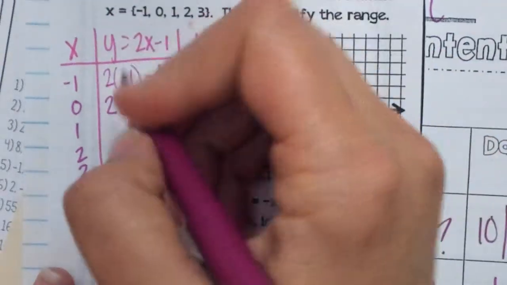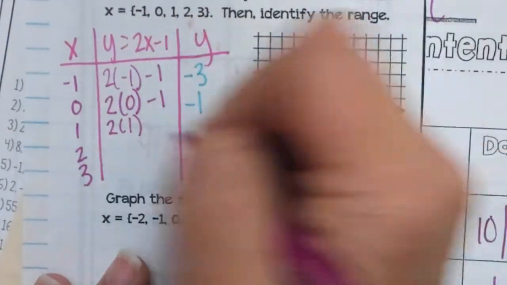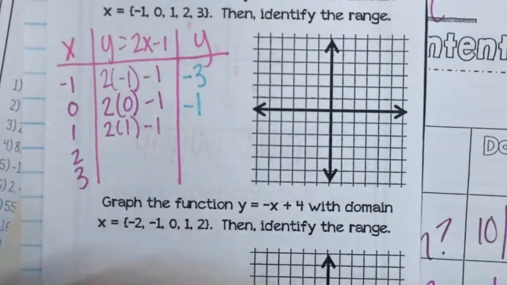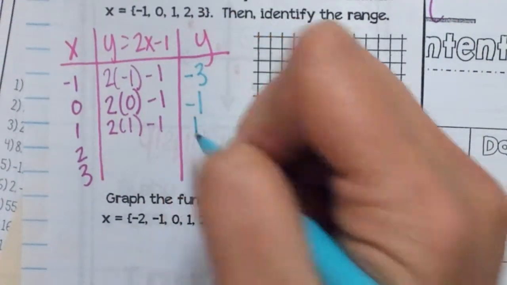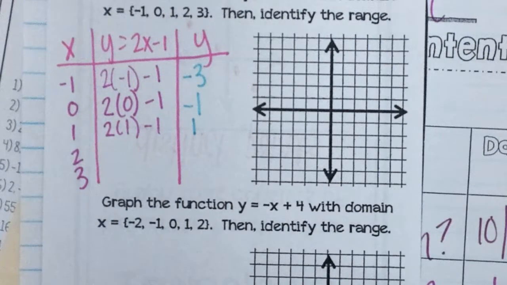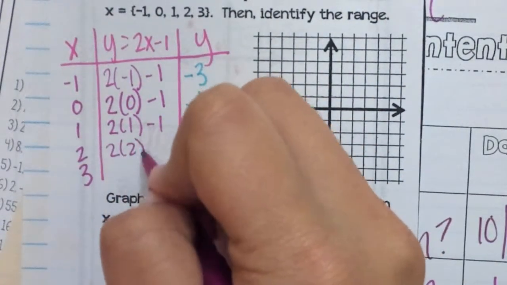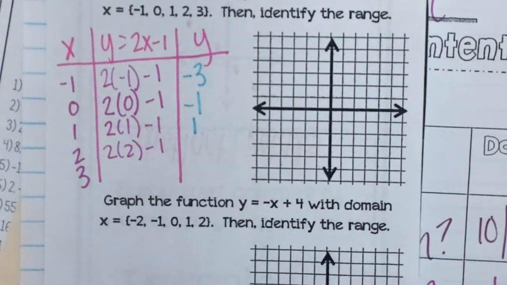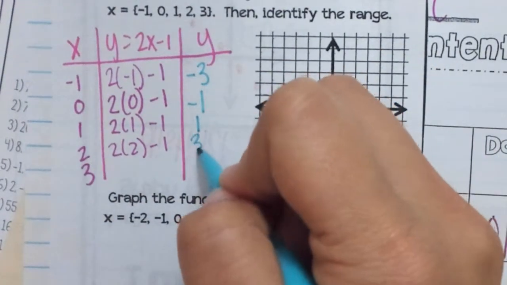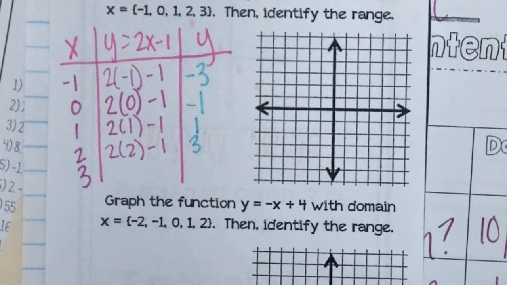Alright, now let's plug in 1. What is 2 times 1? Minus 1 is? 1. Okay, we're going to get the next one. What is 2 times 2? 4. What's 4 minus 1? 3. Take a point.